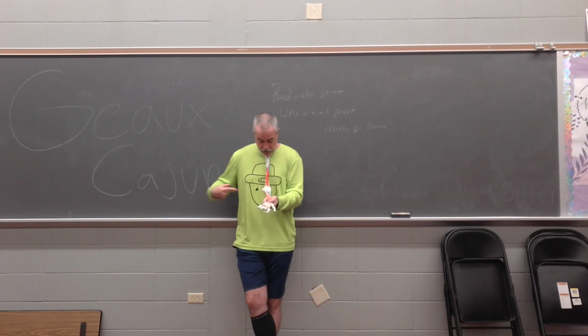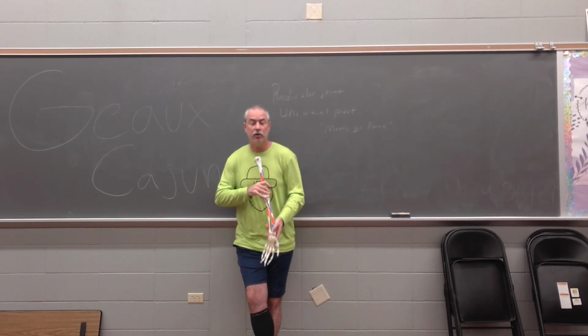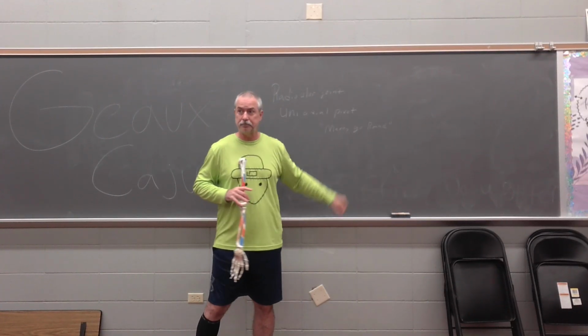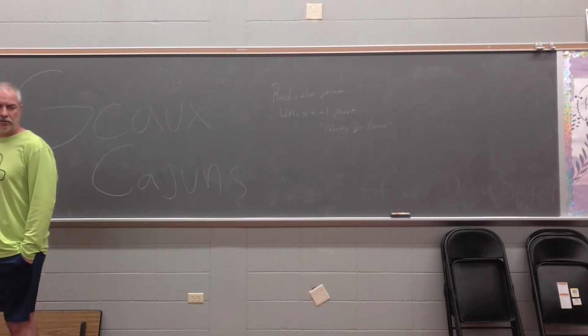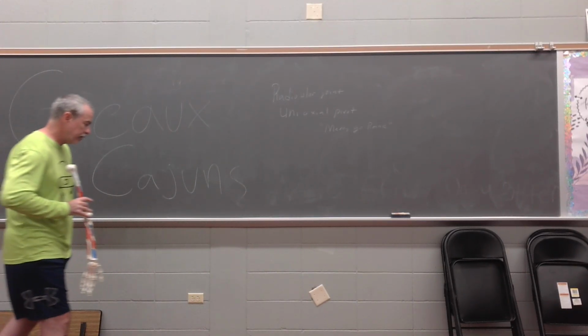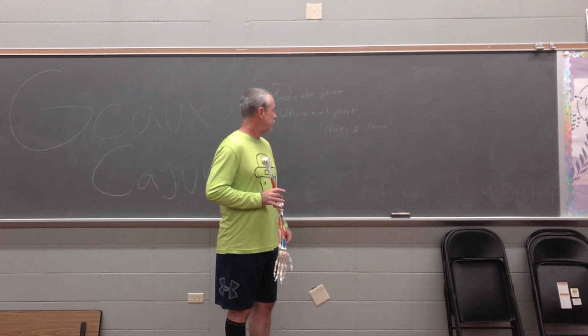This is the elbow, a uniaxial hinge, and this is the radioulnar joint, a uniaxial pivot. Pivot is the layman's term. Trochoid is the Latin term, but I'm just going to hold you guys to pivot.